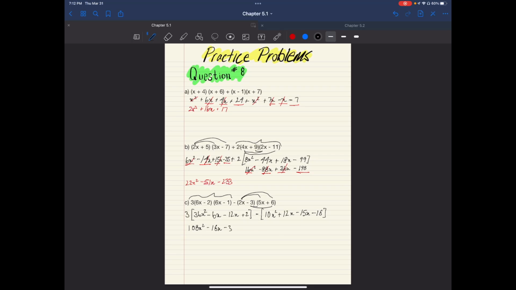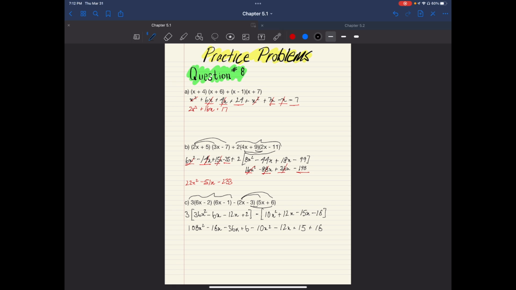This becomes negative 36x. And this becomes a plus 6. This then becomes a plus. Negative, this becomes minus 10x squared minus 12x plus 15 plus 18.